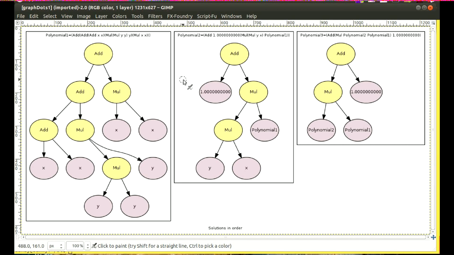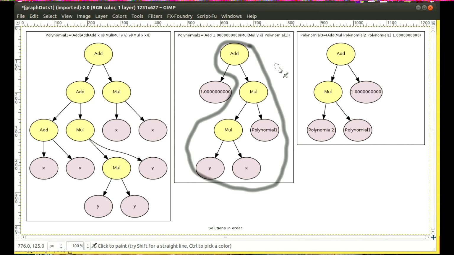In the second solution, we're looking for polynomial 1 times x times y plus 1. The binary tree reads as 1 plus y times x times polynomial 1.